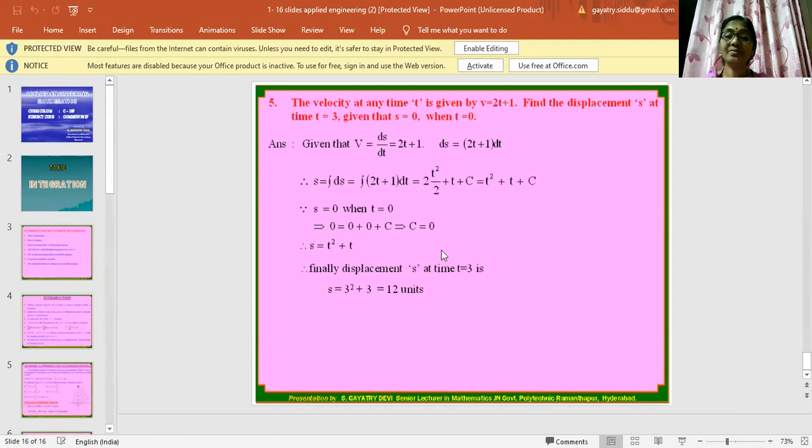In the next session, we are going to do methods of integration. So we conclude this session here itself.